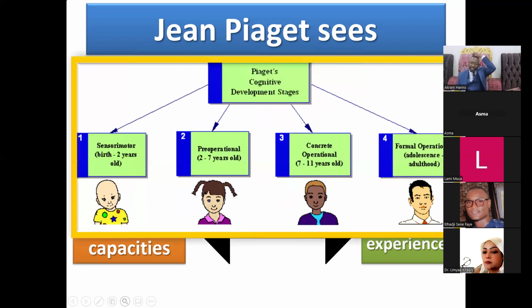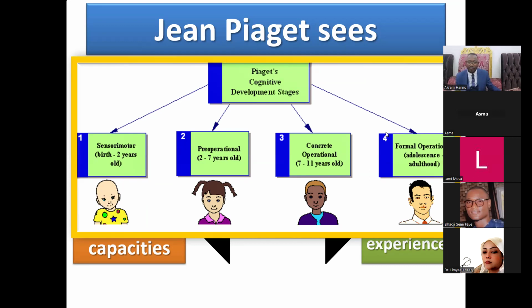Again, Jean Piaget's cognitive development stages, he has 4 stages. He has the sensorimotor stage, which starts from birth to 2 years old. And then the other stage is called the pre-operational stage from 2 to 7 years old.